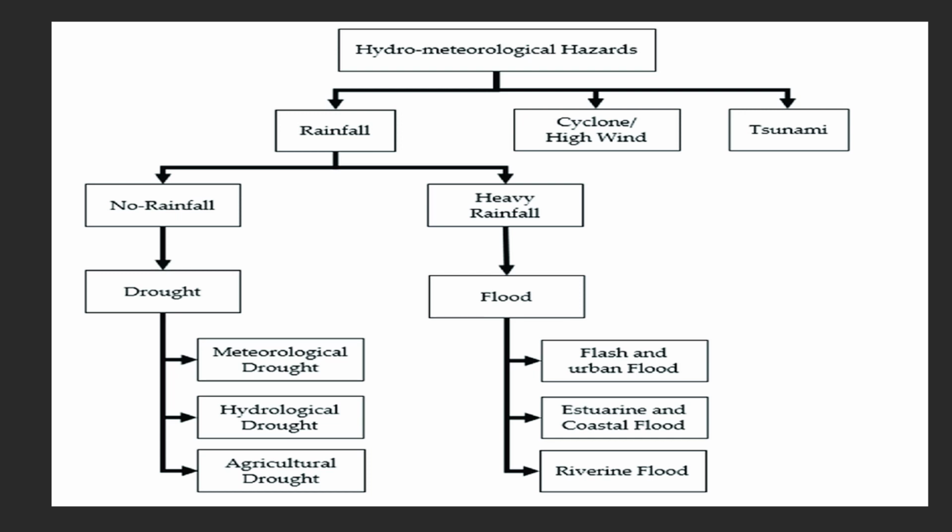Now again, a tsunami is primarily considered a geological hazard. It is usually caused by the displacement of a substantial volume of water or perturbation of the sea. Now, this displacement of water is typically attributed to geological events such as earthquakes, landslides, volcanic eruptions, and more rarely by meteorites and nuclear tests.